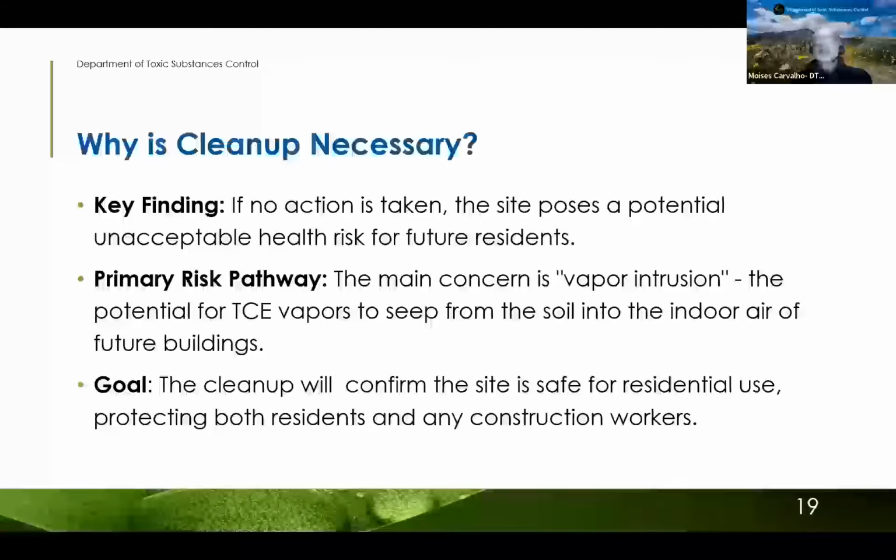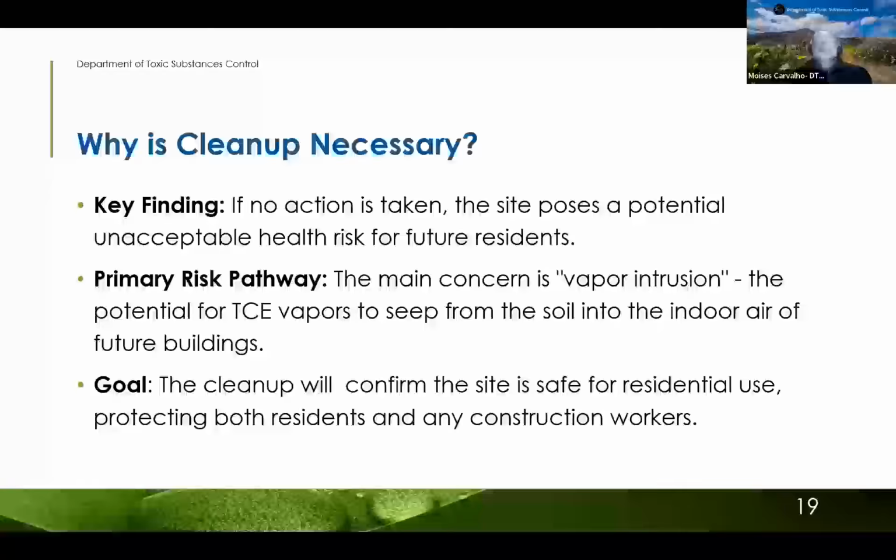Thank you. So now we're going to go to slide 19, which is why the cleanup is necessary. This brings us to the most important question. So why is this cleanup necessary? We conducted a detailed assessment to evaluate potential human health risk. This assessment concluded that if the site were developed with homes today without any cleanup, it would pose risk to human health.